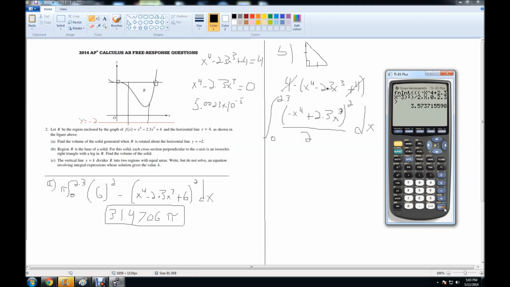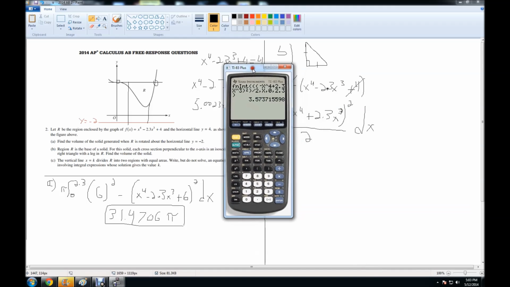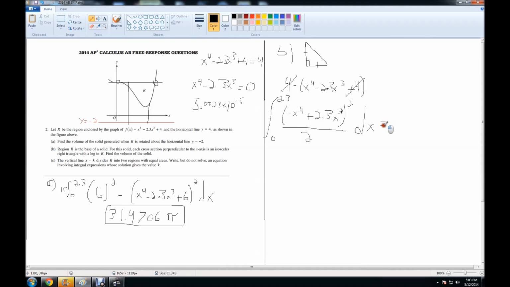We are left with 3.5737. So our answer is 3.5737. And that is the answer to part B.